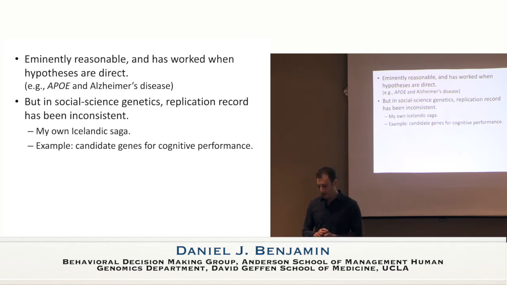So then my own evolution in thinking was, my collaborators and I wanted to understand how widespread this issue of non-replication was. It was not widely understood at the time that there were any problems.